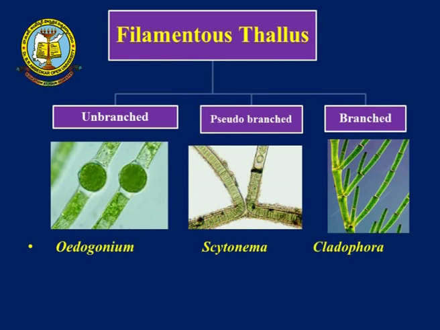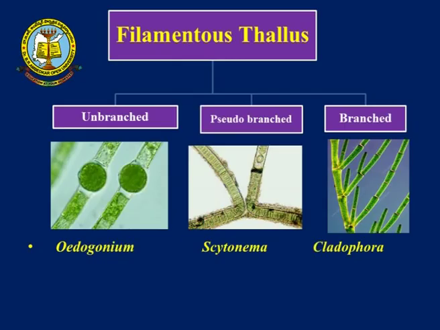First, unbranched. In this thallus, the cells develop one above another: first cell, second cell, third cell and fourth cell. This is the filament, this is also a filament, and there are no branches. This type of thallus is called unbranched. Examples: Oedogonium, Spirogyra, Nostoc and Oscillatoria are all unbranched thalli.